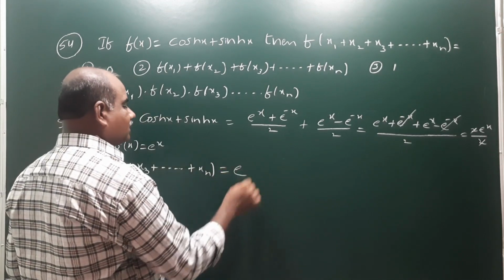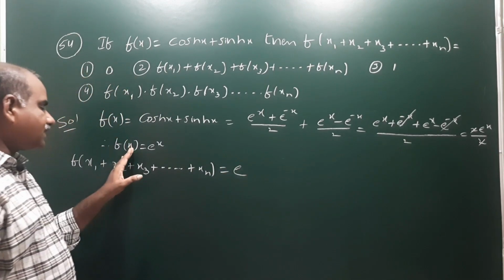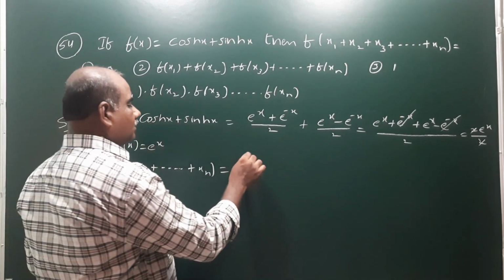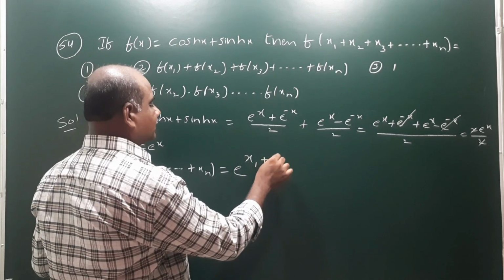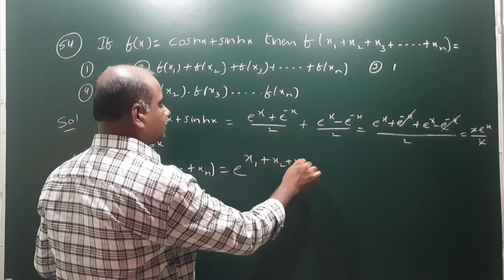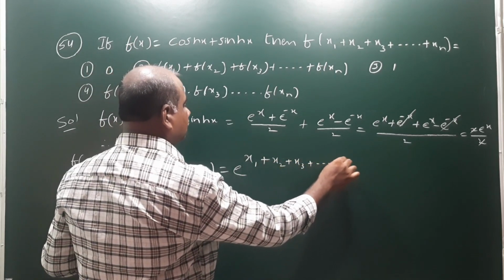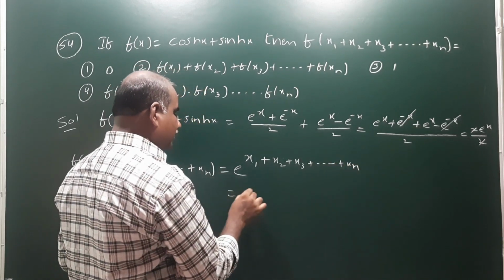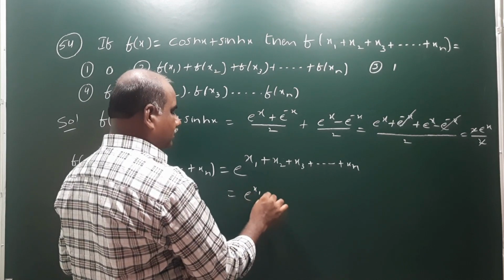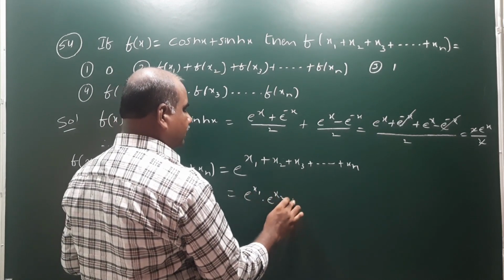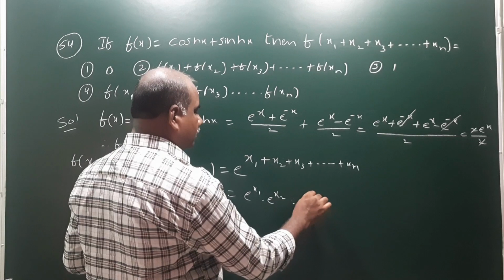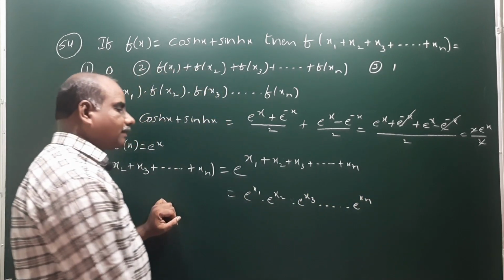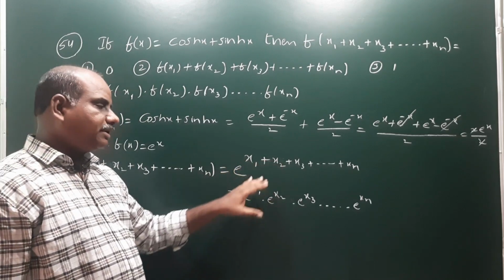So f(x) is e power x, and f of x1 plus x2 plus x3 and so on xn can be written as e power x1 plus x2 plus x3 and so on xn, and this can be written as e power x1 into e power x2 into e power x3 into and so on e power xn.